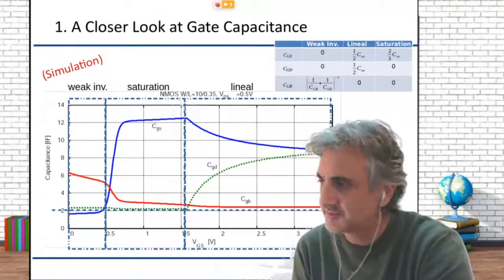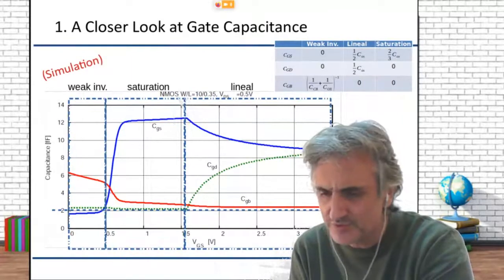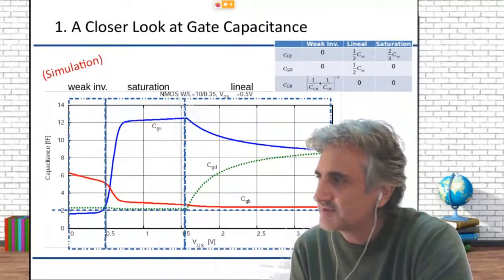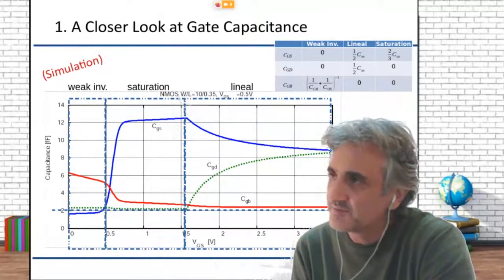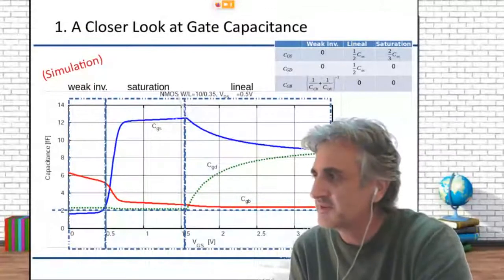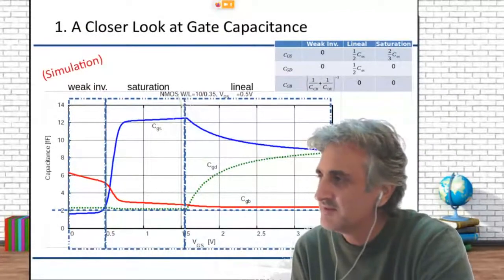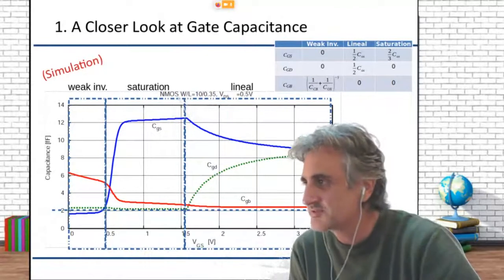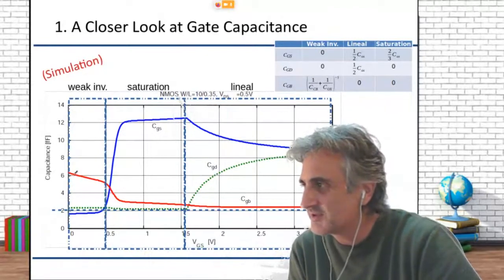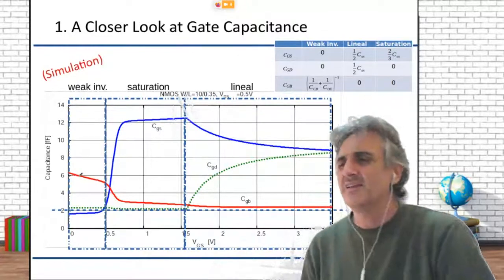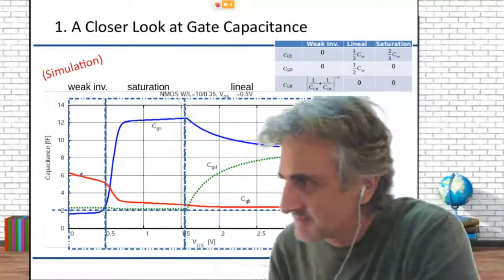We don't care about it being 2 or 0. In the cutoff, in the weak inversion, this is more or less 0, and the other one, the red one, is more or less whatever it has to be. It's not a constant, but it's between 6 and 5. Let's call it a constant.